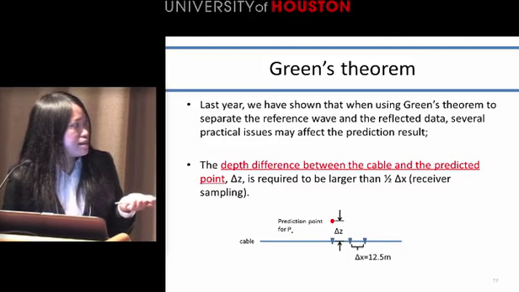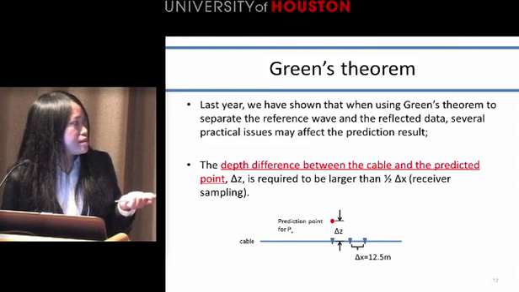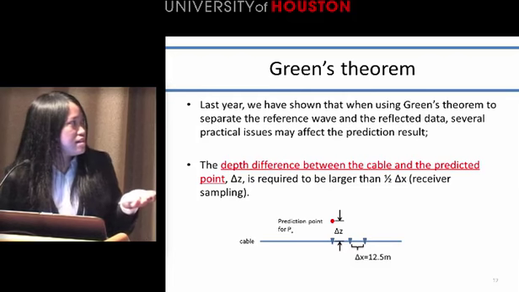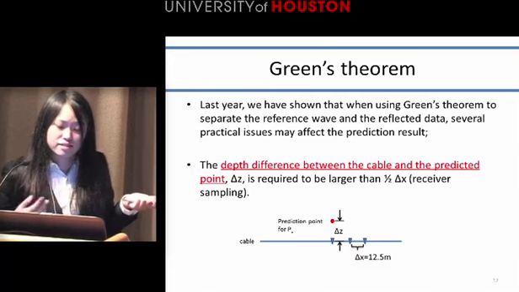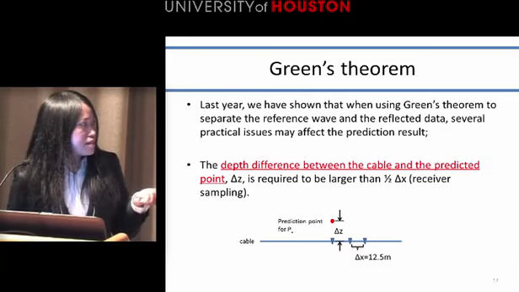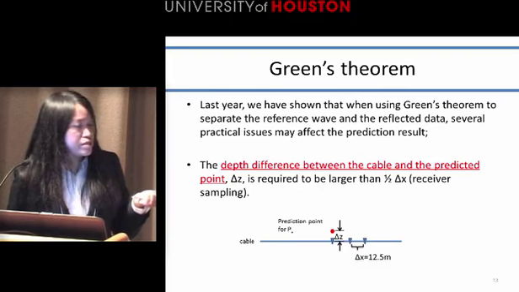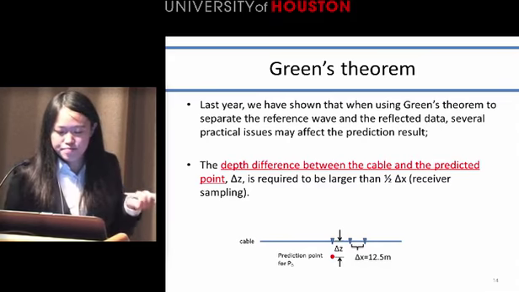If we define delta z as the difference between the cable and the prediction point, as shown here, this delta z is required to be larger than at least half of the receiver sampling in order to get a good prediction result. And this is for the prediction of P_S, and also for predicting the reference wave below the surface.